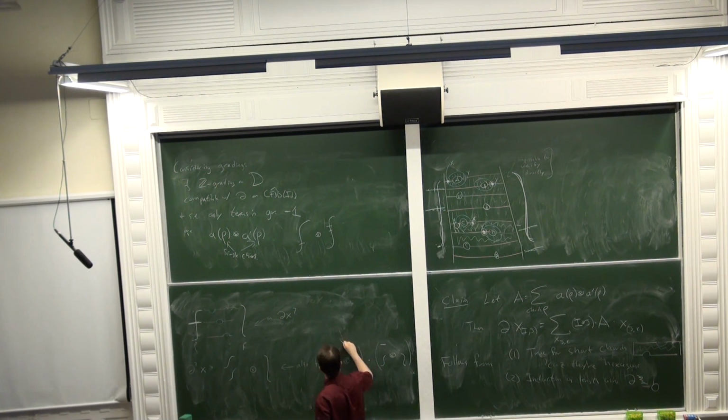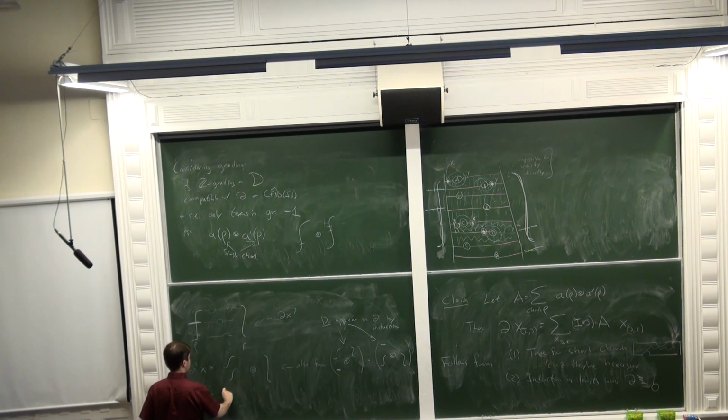And these are both short chords. These do appear in the boundary by an inductive hypothesis. The only thing that this can cancel with in d squared is this one.